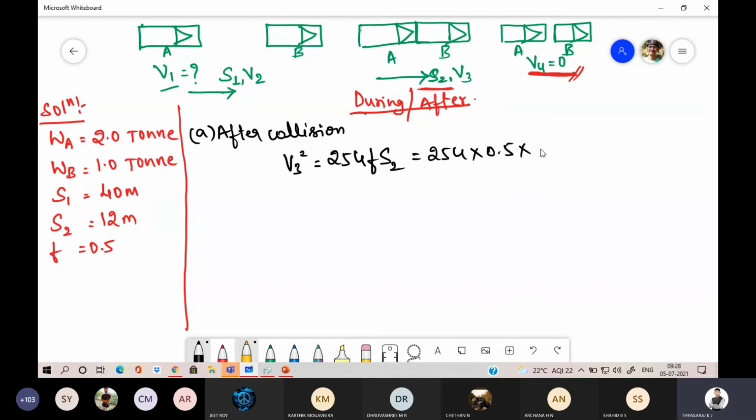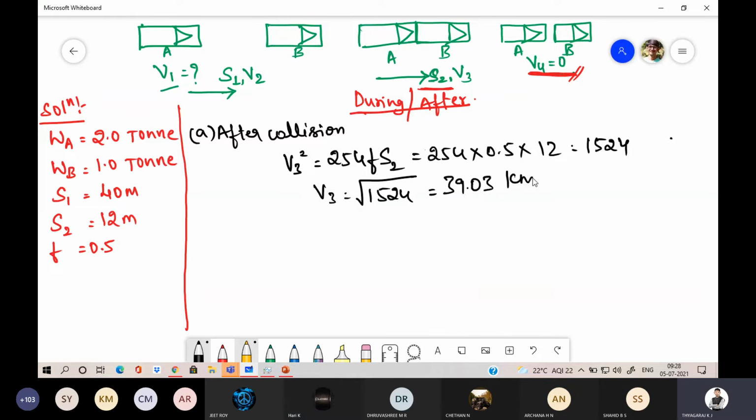F is 0.5, S2 is 12 meters. This is V3 square we are going to get, we need V3. Square root of 1524. Calculate the value. 39.03. So our main aim is determining V1 by back calculation.